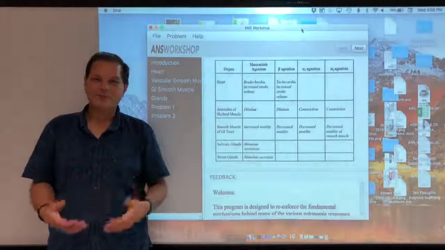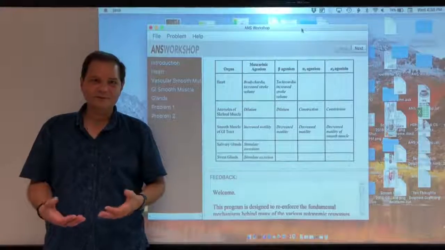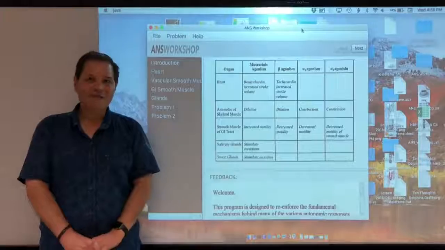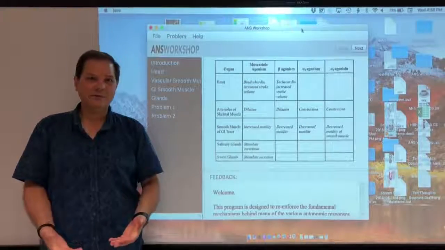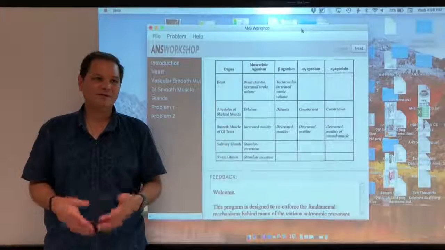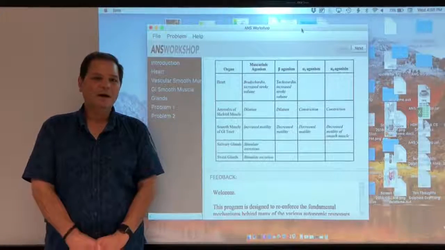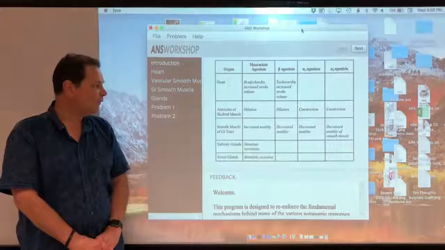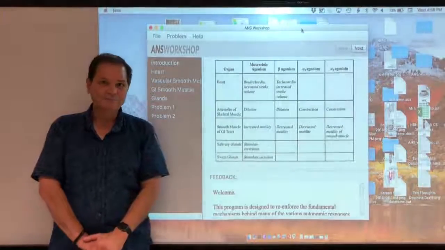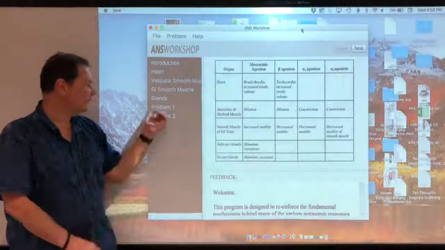And these are problems associated with the autonomic nervous system. You will be walked through the answers, and I have supplied you with the answers, but I'd like for you to try to do the problems before you look at the answers, because I'd like for you to try to apply what I've taught you to a couple of problems.